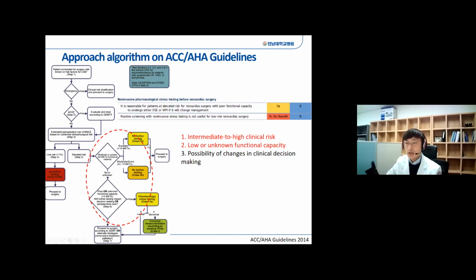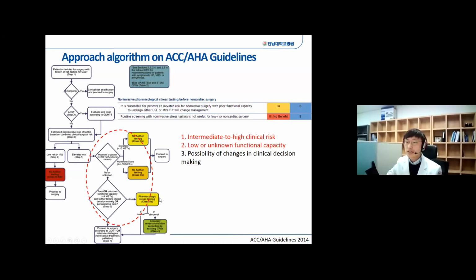Of course, there can be some caution for anesthesia and patient monitoring during surgery, but no further testing is indicated. But if the patient has very low functional capacity, under 4 METs, or is not available for functional capacity assessment because of some traumatic patients or knee surgery who cannot walk or run, then we can do further studies assessing the degree of myocardial ischemia, such as myocardial perfusion SPECT or PET.